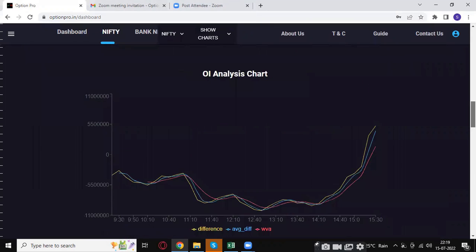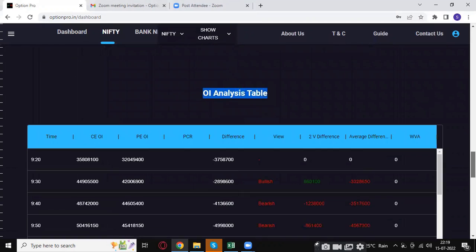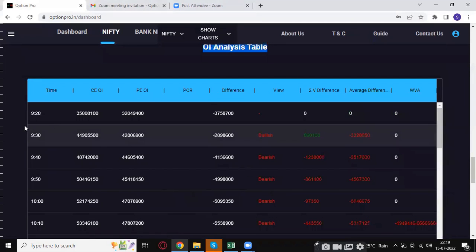You can see here the OI analysis chart, and here is the OI analysis table. Here you can see at 9:20 what the COI and POI were and what the difference is, and at 9:30 what the COI and POI are and what the difference is.